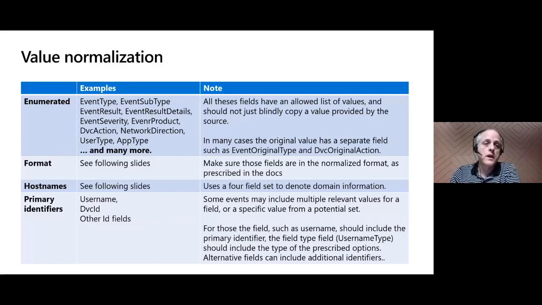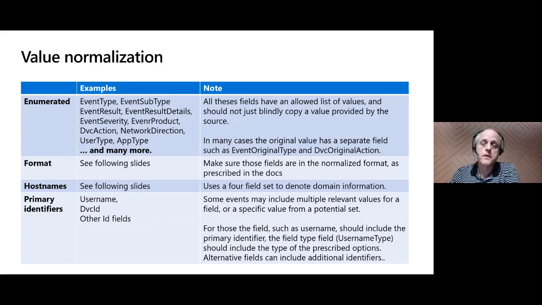So I'll go into a few examples of value normalization that are the most important ones. A lot of fields in the schemas are marked as enumerated. It means that they have a limited number of valid values. Those may not be the values that you get from your source device.